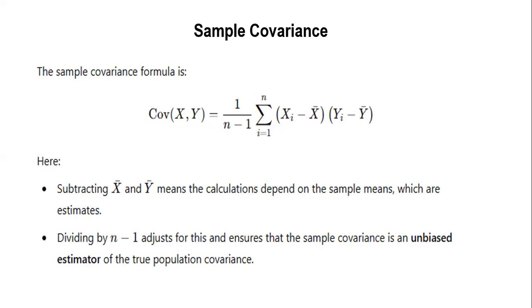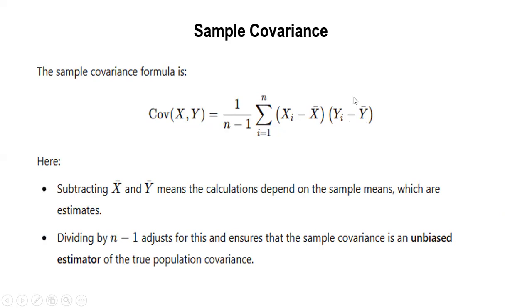Here is the sample covariance. The sample covariance is the summation, i equal to 1 up to n, of (xi minus x bar) times (yi minus y bar).